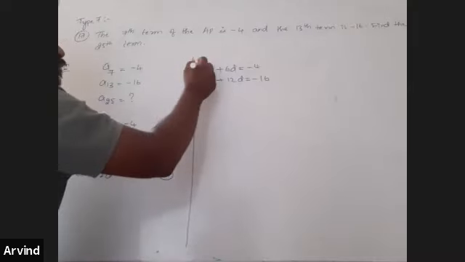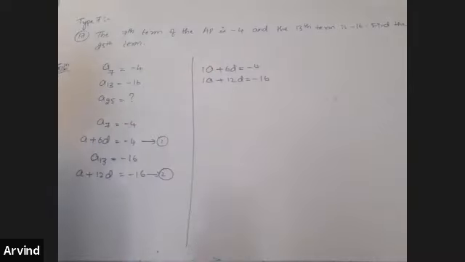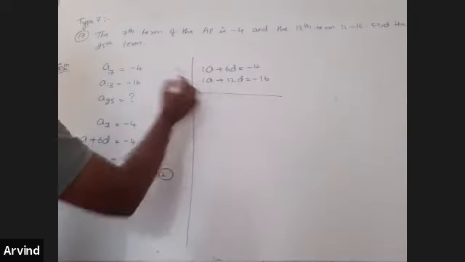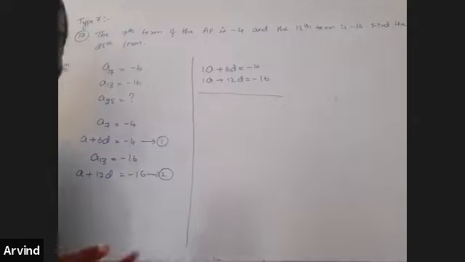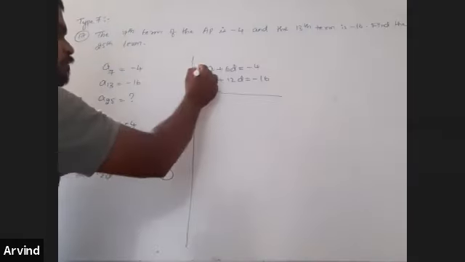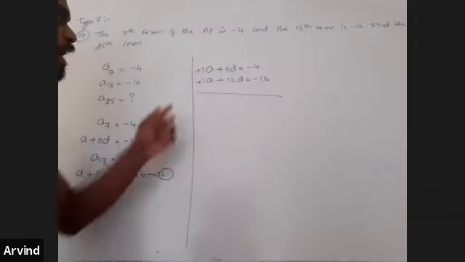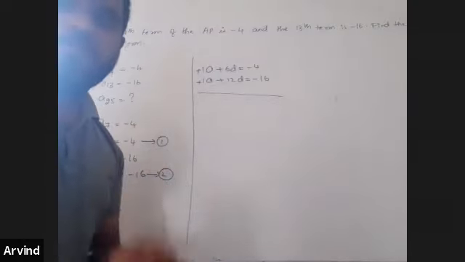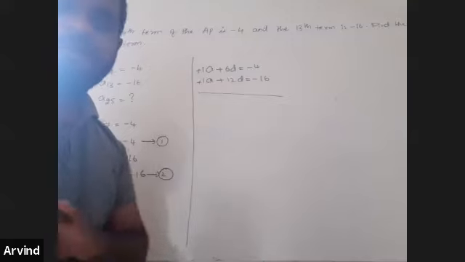So here also the coefficient is 1. Here also the coefficient is 1. Not an issue. And if you observe, both are same thing. This is also positive 1. This is also positive 1. If the signs are same, here positive 1, here positive 1, then you have to change the sign throughout. If the signs are different, don't change it.